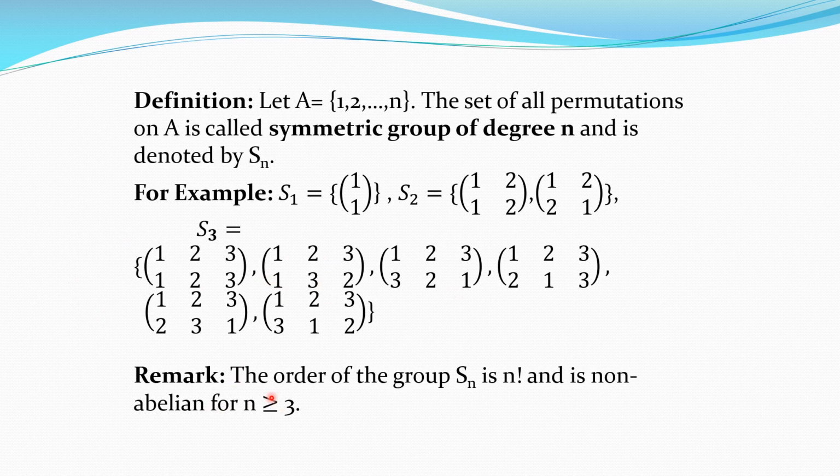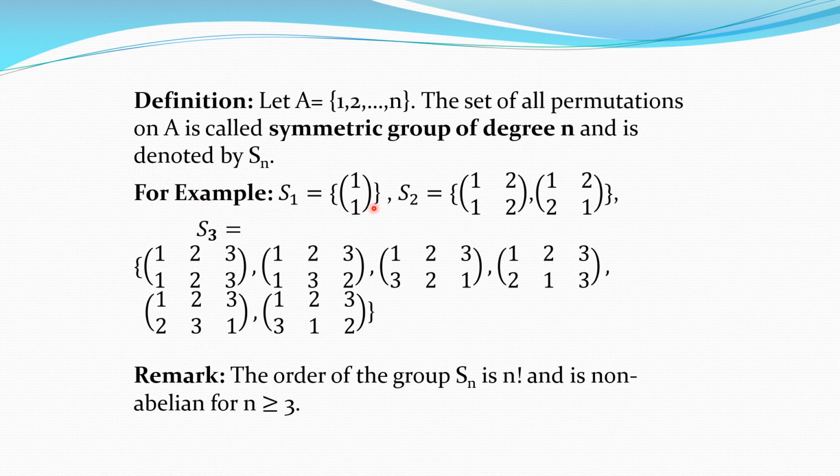Now, the important thing is the order of the group Sn. Remember, the order of the group Sn is n factorial, because it is nothing but the arrangement of n symbols in a line. In how many ways can we do that arrangement? In n factorial ways. See here, for S1 it is 1 factorial, which is 1.